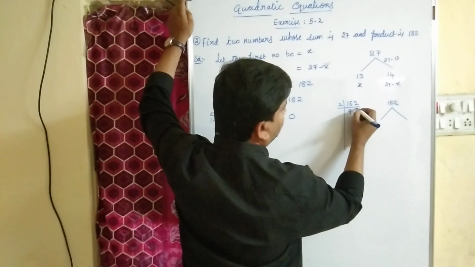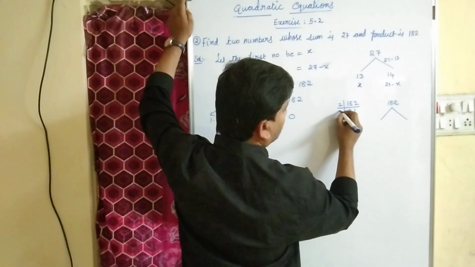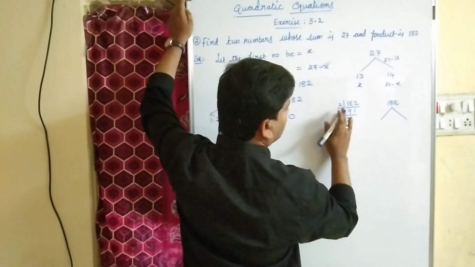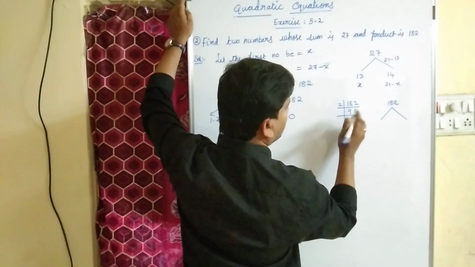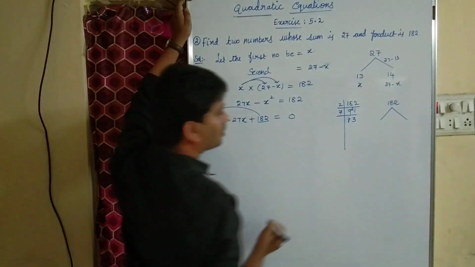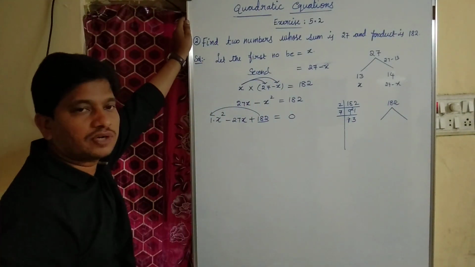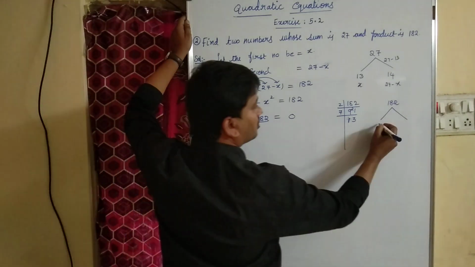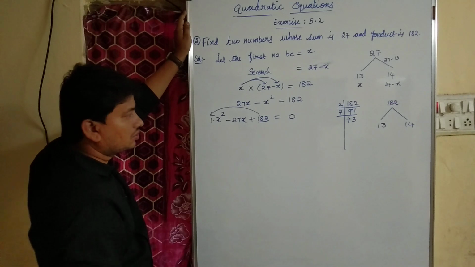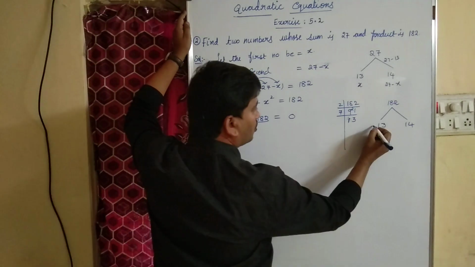Not the 3 table, let us go with the 7 table. 7 ones are 7, 7 twos are 14. So 14 and 13, children. 14 and 13 give 182.